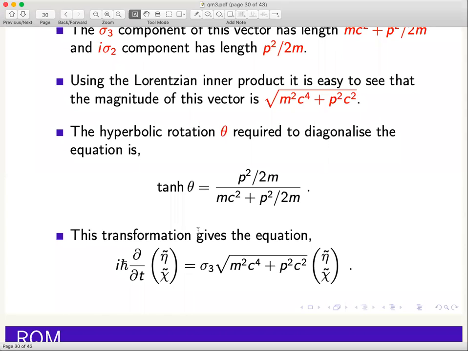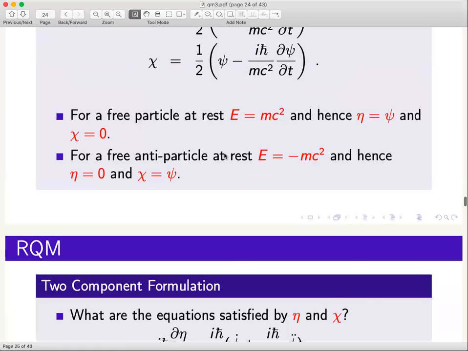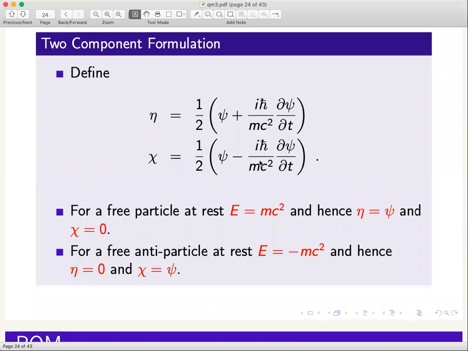Then, in order to write it in terms of two components, eta and chi, we defined eta and chi in some particular fashion, psi minus i h bar by m c squared del by del t of psi, and so on. So here, eta and chi do not seem to be scalars as such. They will transform because there is a del by del t there.